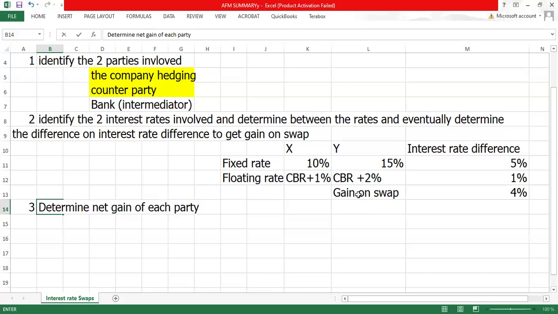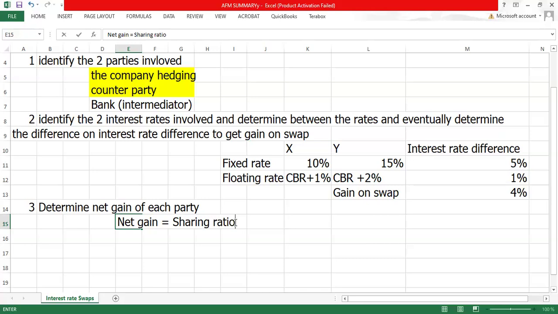Out of this gain, what will each party take? As you determine the net gain of each party, there will be the sharing ratio, which will always be given in the question: how is the gain made on swap shared?